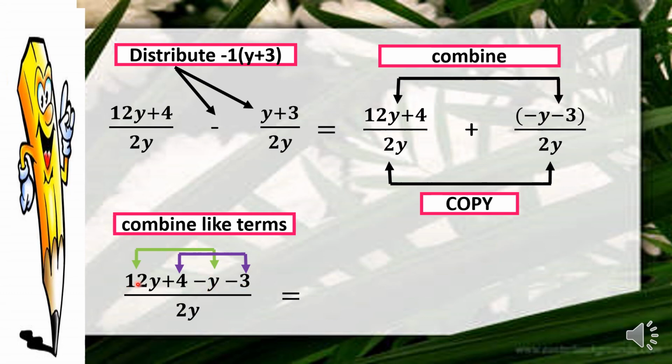Remember, may 1 dito. So 12 minus 1, ang sagot natin doon is 11, and then copy y. For the constants, you have 4 minus 3, so you have positive 1. Then for the denominator, just copy, which is 2y. So therefore, ang ating final answer is 11y plus 1 over 2y.